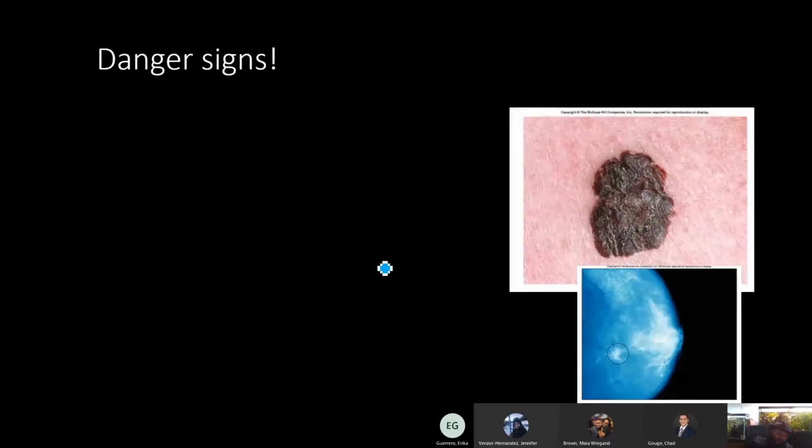So, some cancer danger signs. Unusual growths that perhaps weren't there recently are danger signs for cancer. Don't want those around.